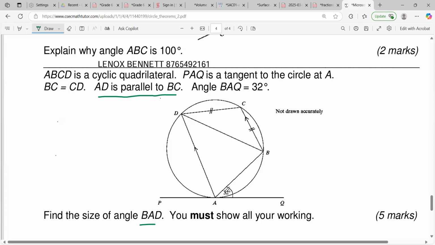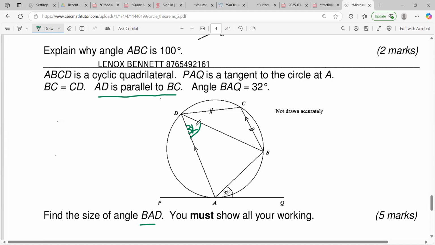All right, so first they give us this 32. Remember, just block out something from your mind, right? Think of that triangle here and this angle here. This one is equal to what? 32, right? Alternate segment theorem. So this is 32.